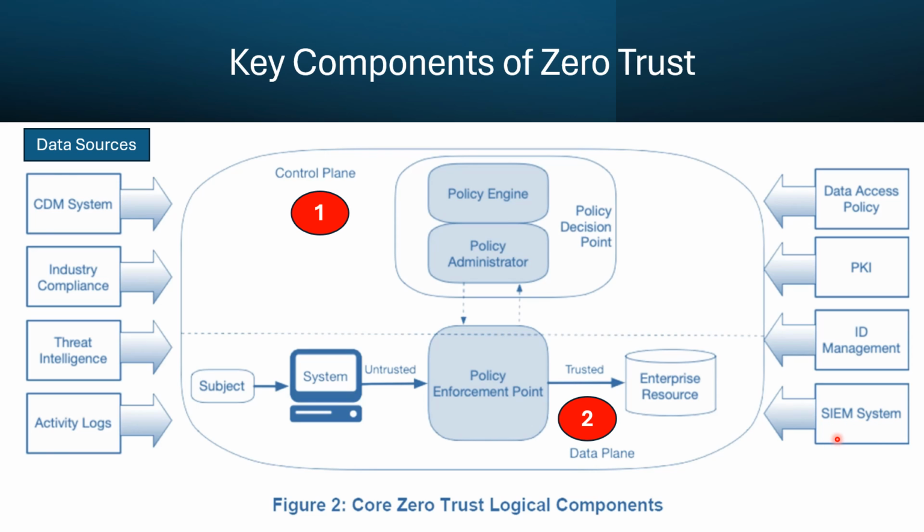So if you want to have zero trust, you need to have these technologies. You need to have this system. So this is the overall picture of the components of zero trust. Next, we will explain how each of these interact with each other.